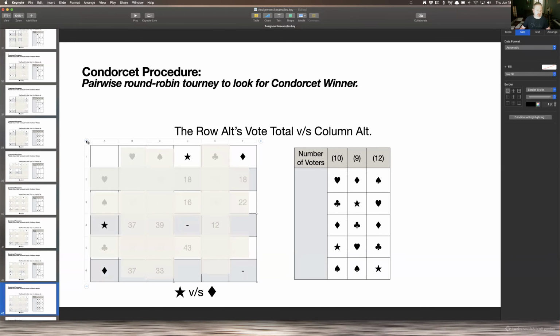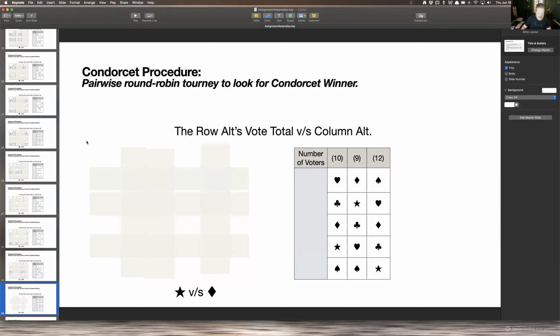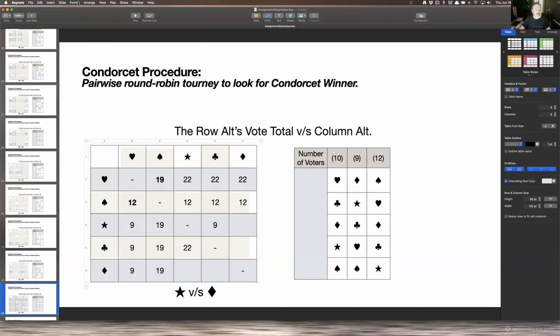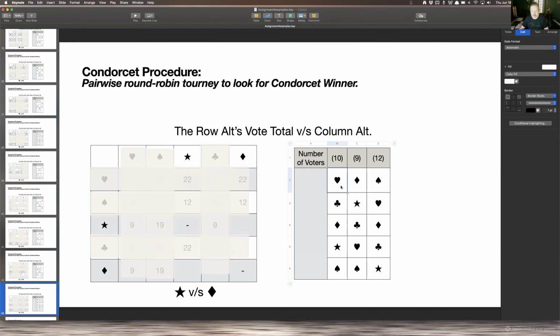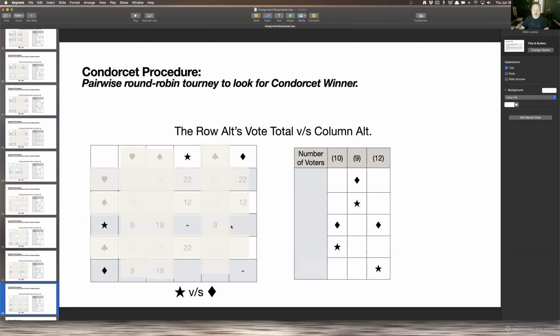And it might be the last one here, or next to last: stars versus diamonds. I think maybe there's one more after that. All right, so stars versus diamonds. Let me save. There we go. Stars versus diamonds, stars gets not 10, not 9, and not 12.